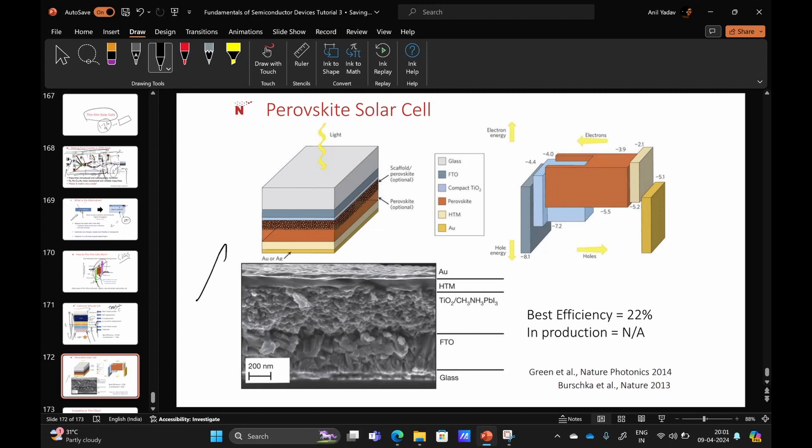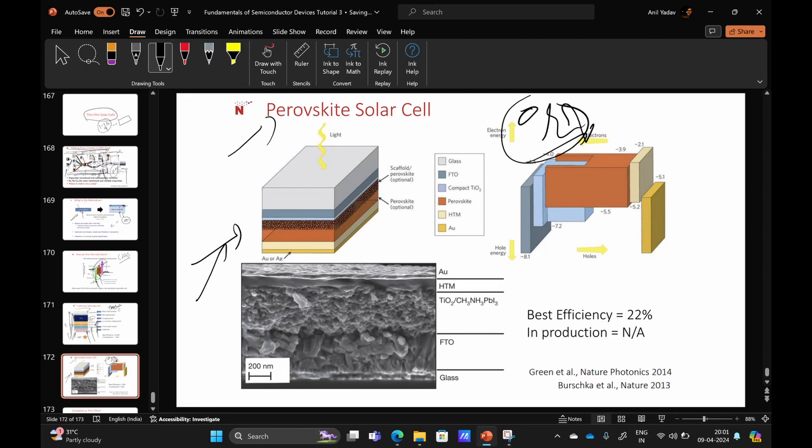Perovskite solar cells and organic solar cells have the same methodology to make them. You can make a solution of the material, say perovskite or organic. Organic solar cells are what I was telling you about, painting a material over a substrate.